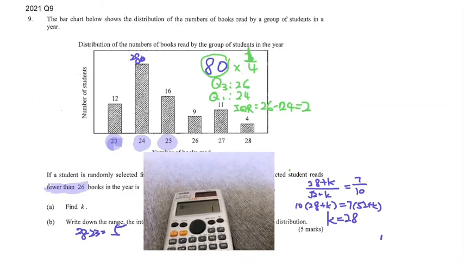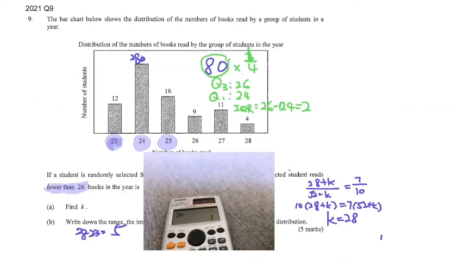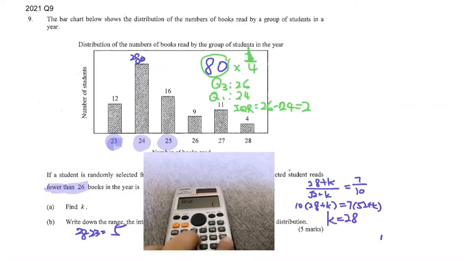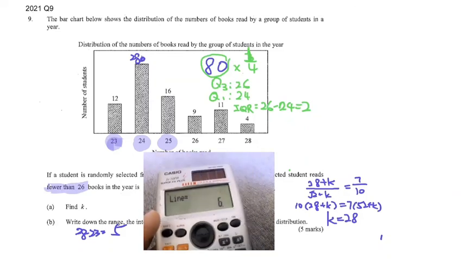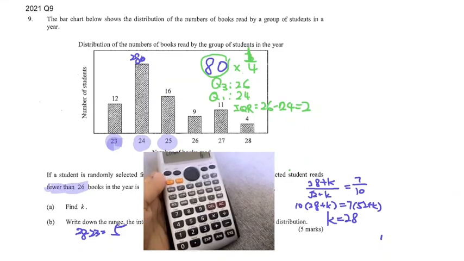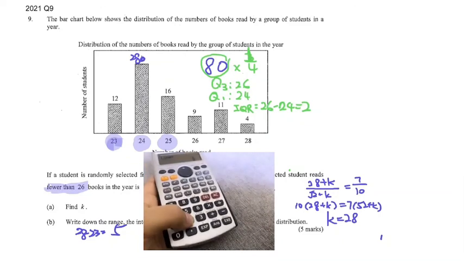Then 24 semicolon 28 M plus, then 25 semicolon 16 M plus, 26 semicolon 9 M plus, 27 semicolon 11 M plus, 28 semicolon 4 M plus. So I have 6 sets. Yes.